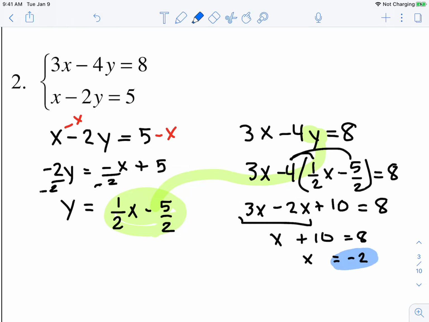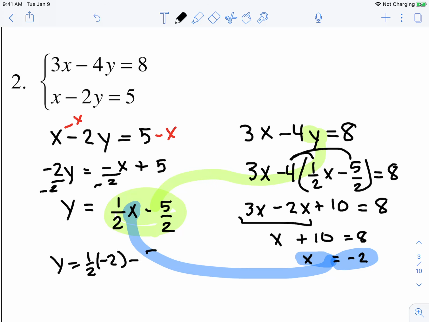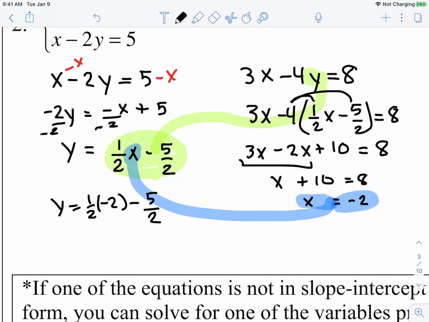So now we know that x is negative 2. So the solution where these two graphs intersect is going to be at x equals negative 2. And I'm going to take that guy and put it right here. So I have y equals 1/2 times negative 2 minus 5 over 2. Again, don't be intimidated by fractions. You can use a calculator. I'm going to keep the denominators 2. So I have negative 2 over 2 minus 5 over 2.